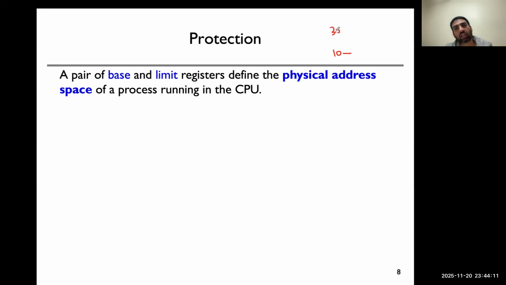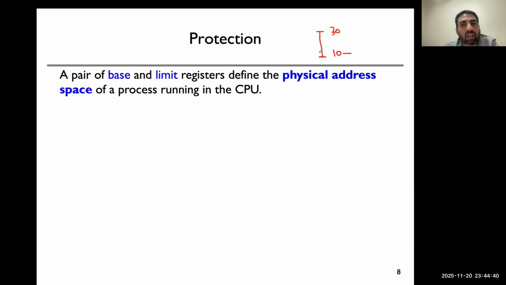So the physical address space is basically the range of all the physical addresses which are possibly accessed when a program is running, and you can get it by looking at the value of the base register and the limit. So if base is 10 and limit is 20, the first address will be 10 and the last will be base plus limit, which is 10 plus 20, 30.